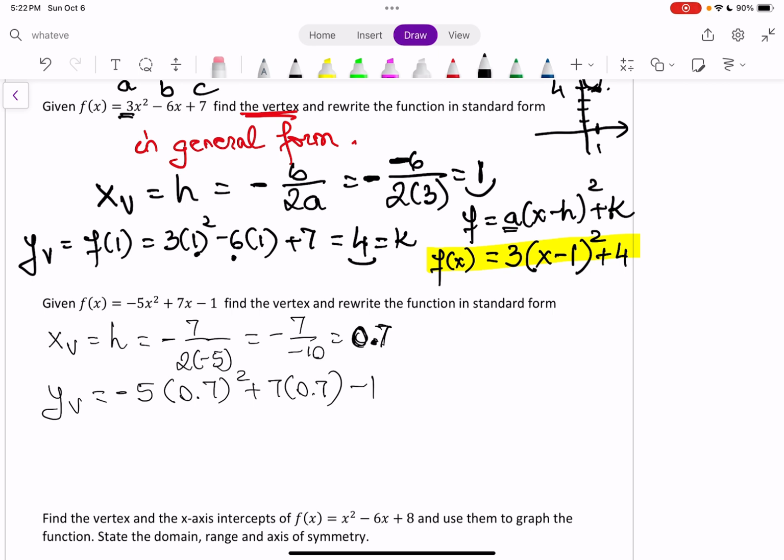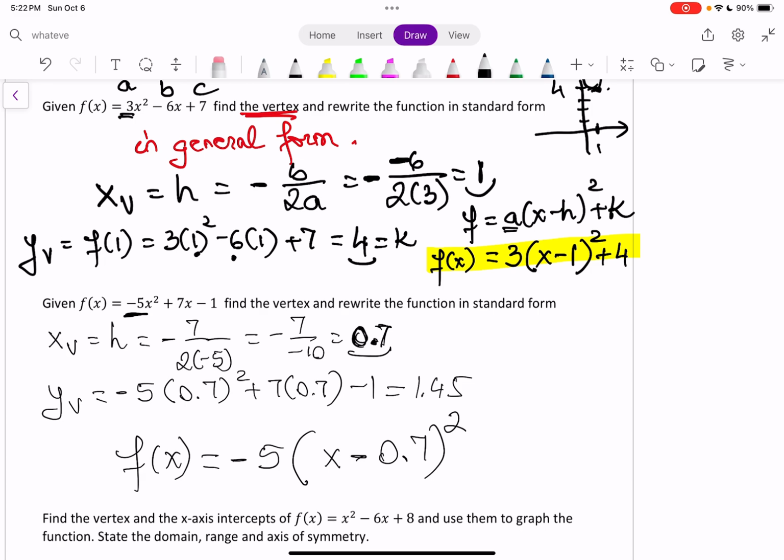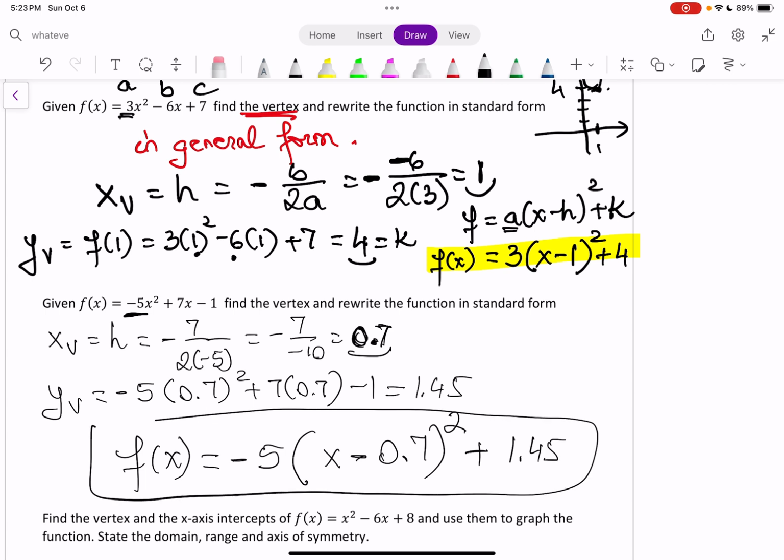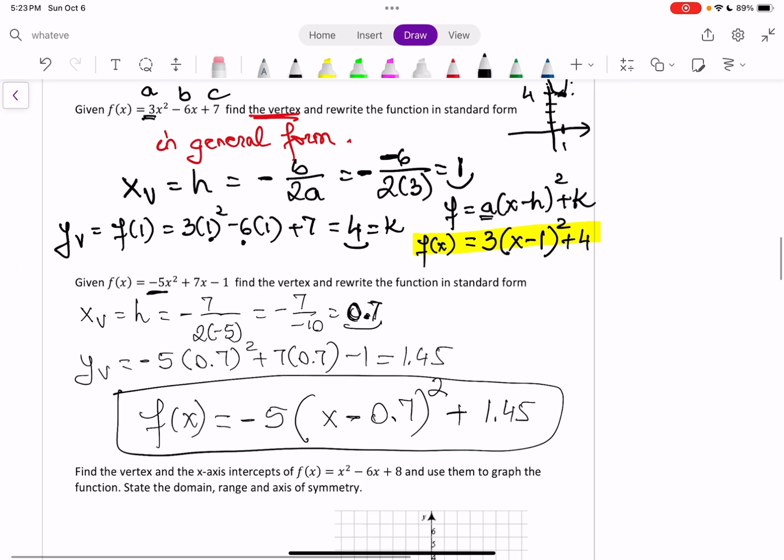So the answer is 1.45. Therefore this function can be rewritten as negative 5 times (x minus the x-coordinate of the vertex, 0.7) squared, plus the y-coordinate of the vertex, which is 1.45. Same thing. We can easily graph this function now.